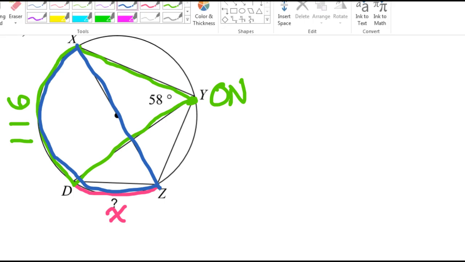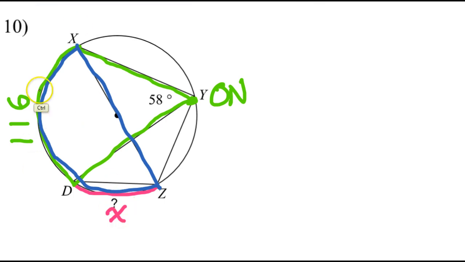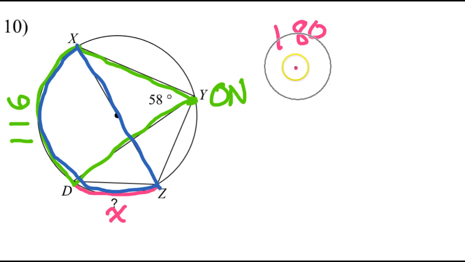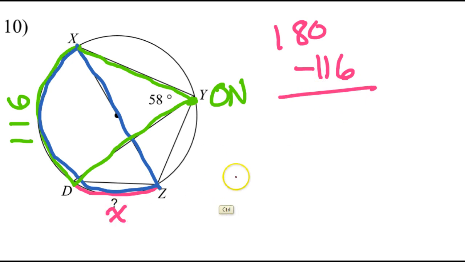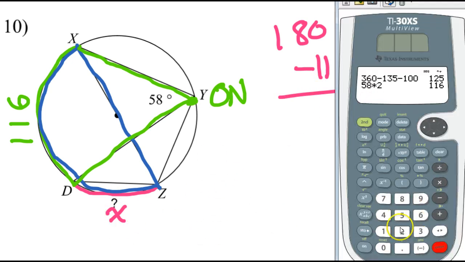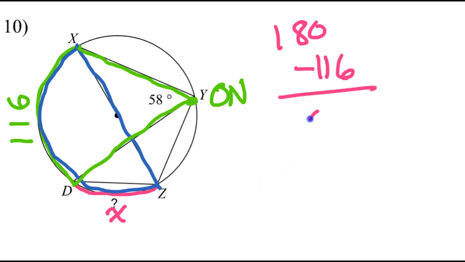So I should be able to find x by subtracting the other part from 180. So if I start with 180 and I subtract 116, that should give me the missing x. So that's exactly what I'm going to do. 180 minus 116 is 64. So x was 64 degrees.